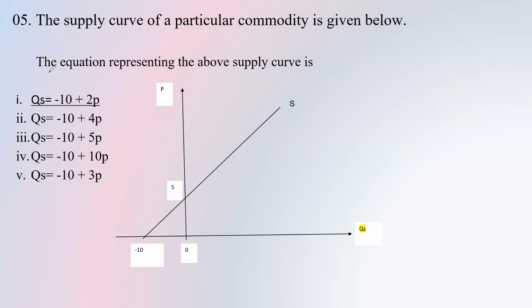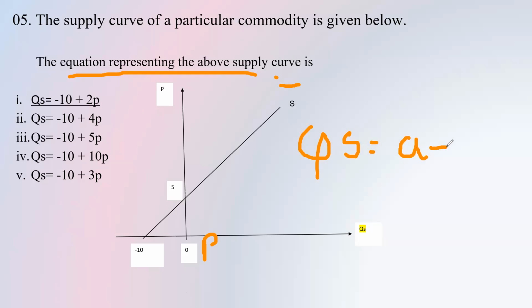Right? So then here you can see the supply equation. They are asking for the equation represented by the above graph. So you know that when price is equals to 0, what is the equation? QS is equals to A plus BP.